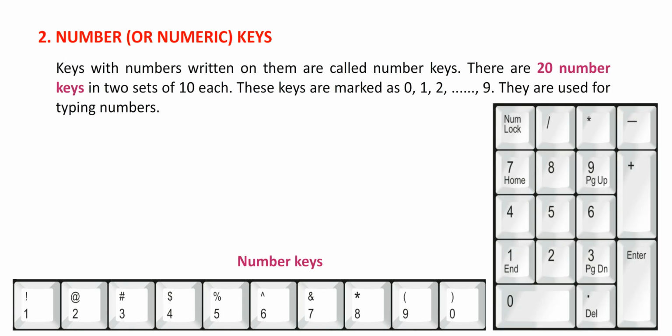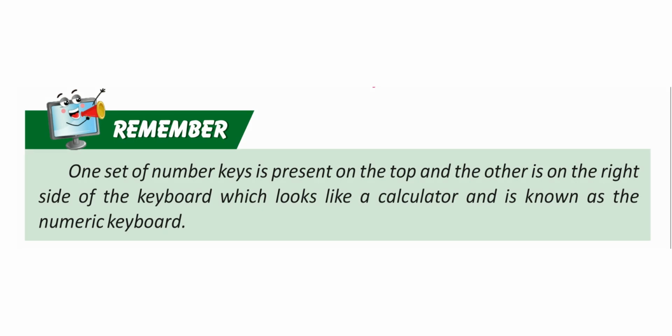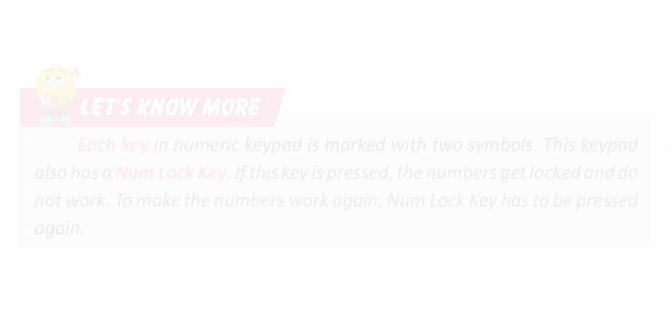Second, number or numeric keys. Keys with numbers written on them are called number keys, which are 20 in number in 2 sets of 10 each. These keys are marked as 0, 1, 2 till 9. They are used for typing numbers. Remember, one set of number keys is present on the top and the other is on the right side of the keyboard, which looks like a calculator and is known as the numeric keyboard.